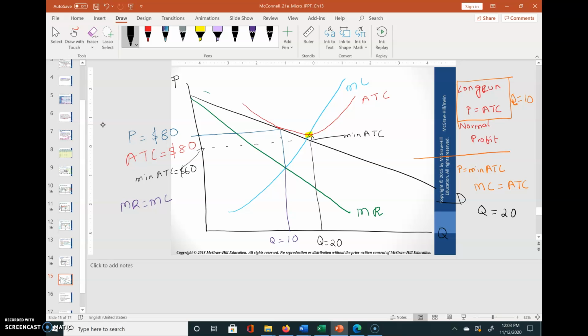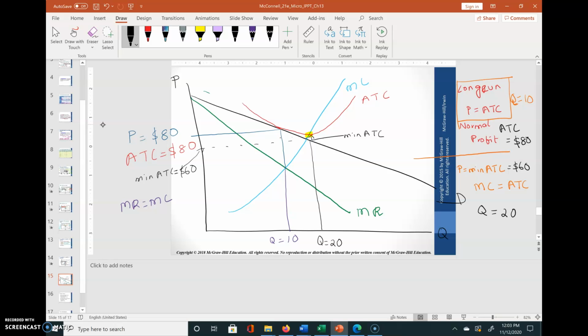That means what? So this means we have productive inefficiency because the monopolistic market structure is not producing at the lowest possible cost. They are producing at $80, but the minimum average total cost is equal to $60.